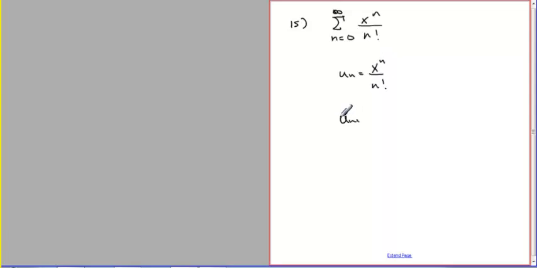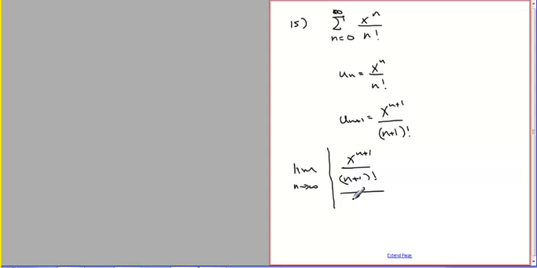U sub n plus 1 is x to the n plus 1 divided by n plus 1 factorial. So to find the radius of convergence, we use the ratio test. So let's take the limit as n goes to infinity of the absolute value of u sub n plus 1 divided by u sub n.